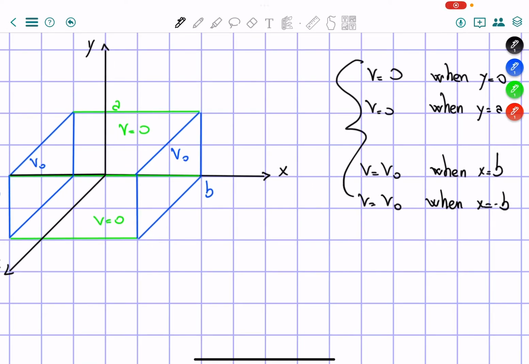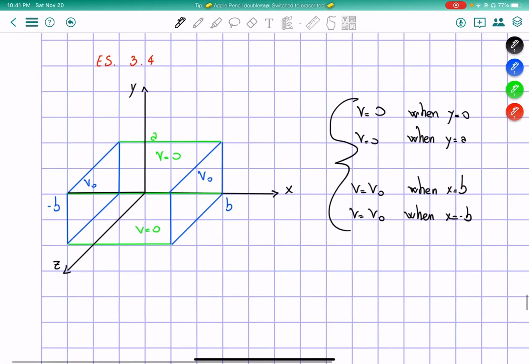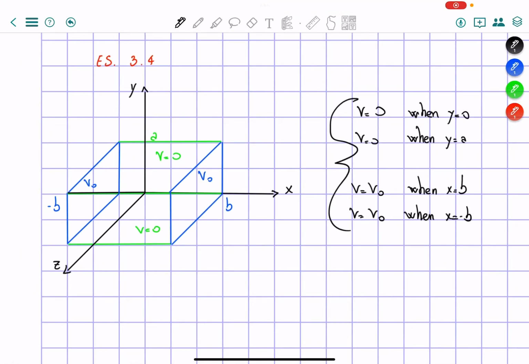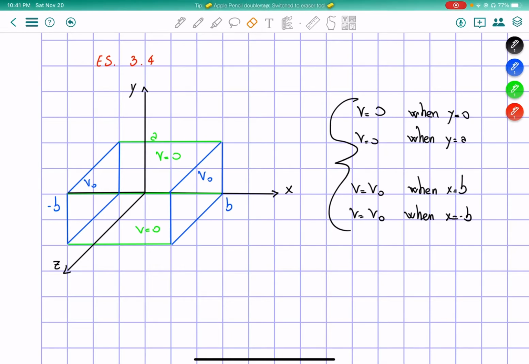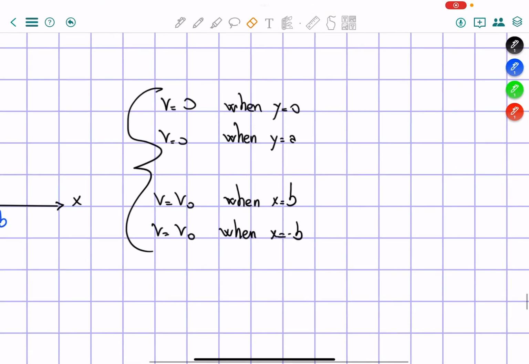And we have these four boundary conditions. We have nothing on the z because we know it's infinite along those lines, and there is no dependence.